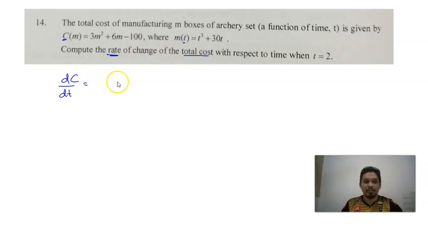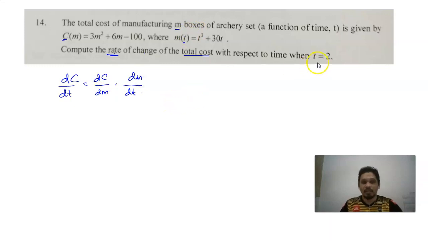So we come up with the formula of this, dC and dt. Now, it's time for us to find out what is the change of cost with respect to what. What we have here, the variable m is the number of boxes, so dC/dm and dm/dt.